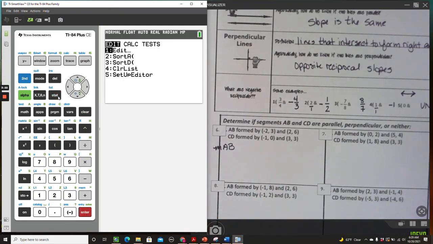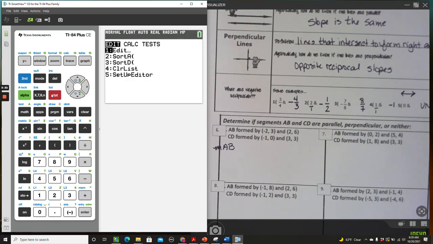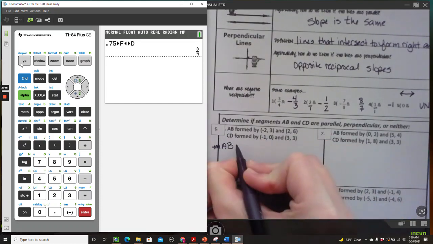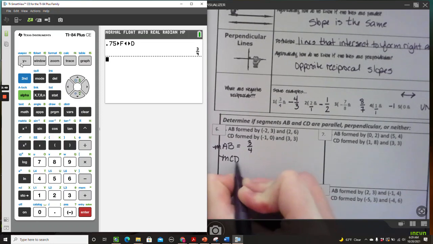So I'm going to go to stat, and so my x's, negative 2 and 2, and then my y's, 3 and 6, and we do stat, right arrow key 4, and all I'm looking at here is just the slope. So the slope is 0.75, but I want that to be a fraction. So the slope of AB is 3/4, and then the slope of CD.